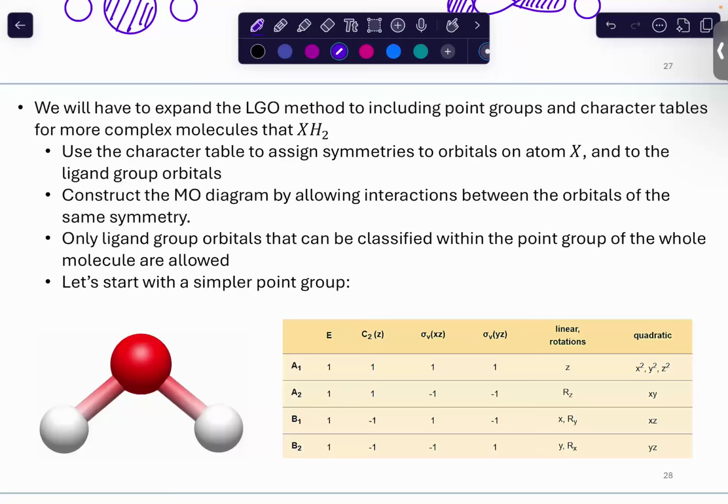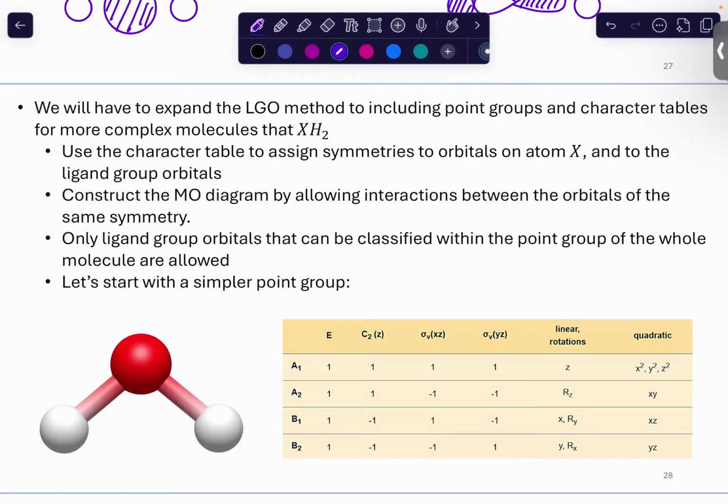So what we're going to do is use the character tables to assign symmetries. I hope you've realized by now that the series of ones and minus ones is either symmetric or anti-symmetric under a certain symmetry operation. You remember that we're limited to the symmetry groups in the table. So here, the orbitals can only be A1, A2, B1, B2. We can't have A1 prime or A2 double prime.